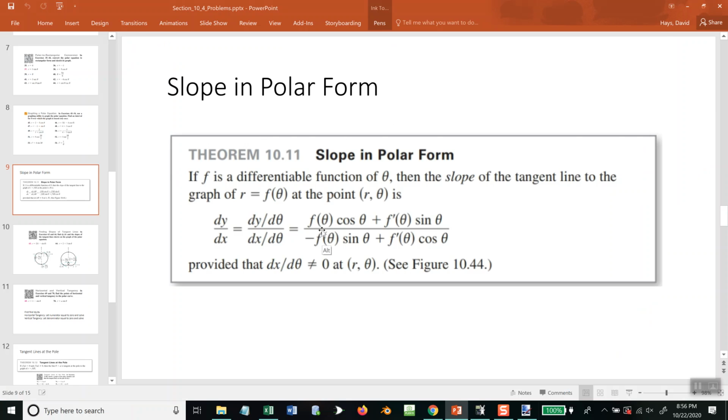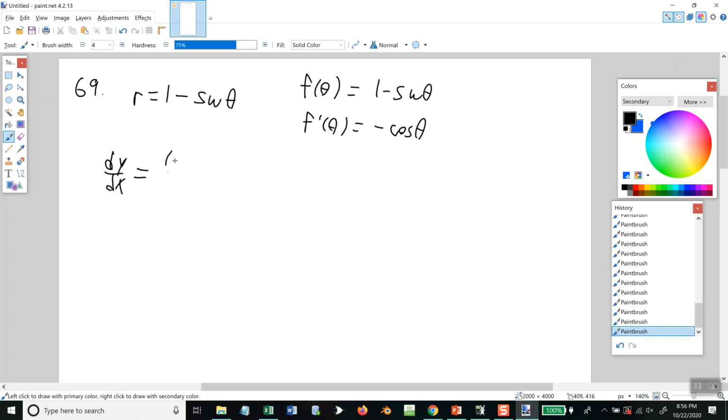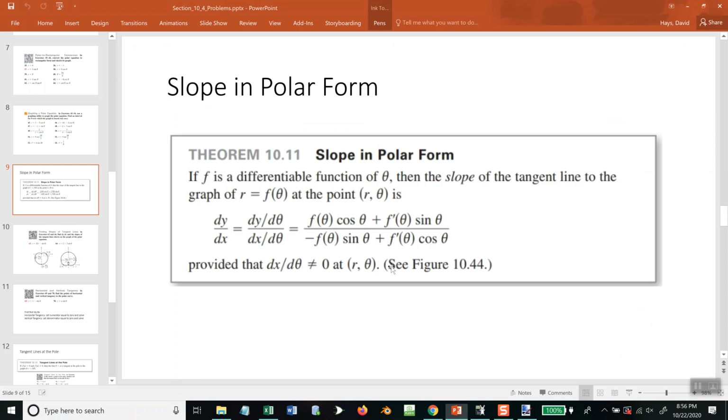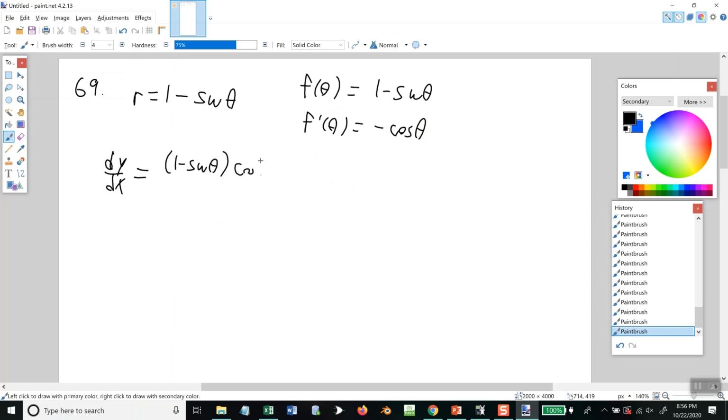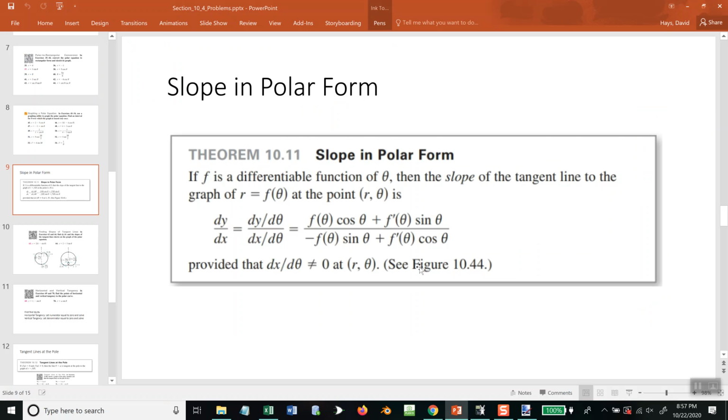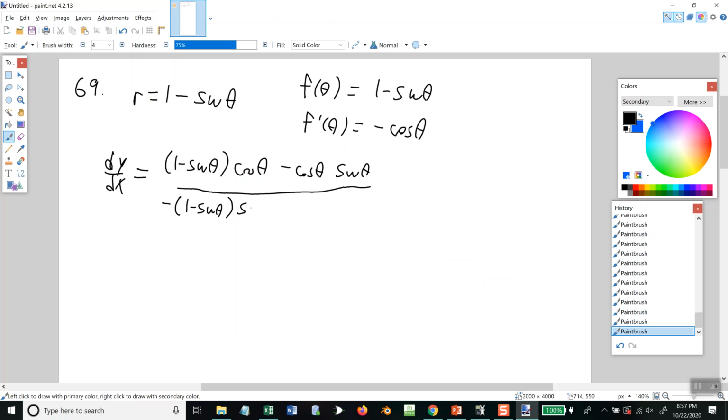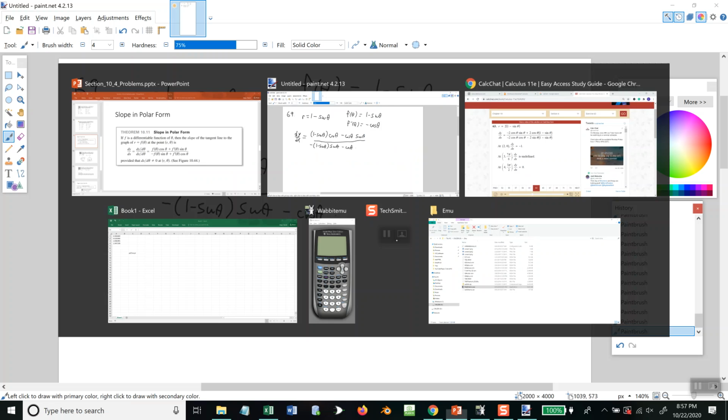For dy/dx, we have f of theta, which is 1 minus sine theta, times cosine theta, plus f prime, which is minus cosine theta, times sine theta, over negative f of theta, so negative 1 minus sine theta, times sine theta, plus f prime, which is minus cosine theta, times cosine theta.